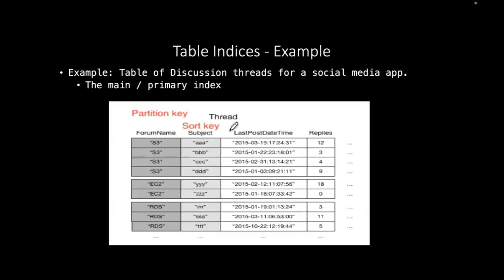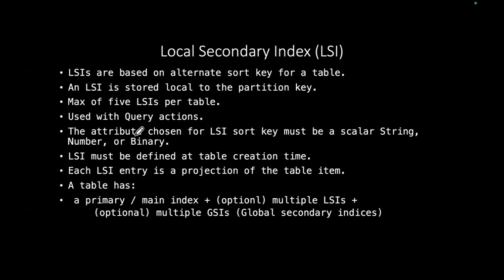Can I just go back 2 slides to a point that I haven't made? Yeah, this point here. It turns out that each LSI is a projection of the table.